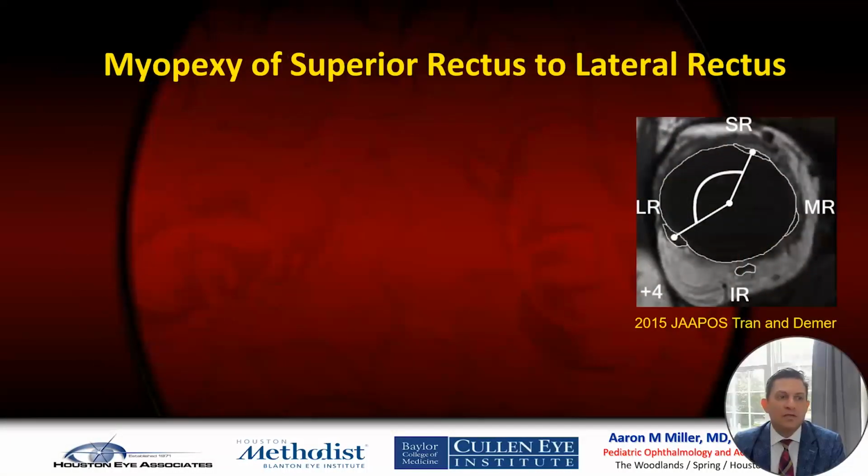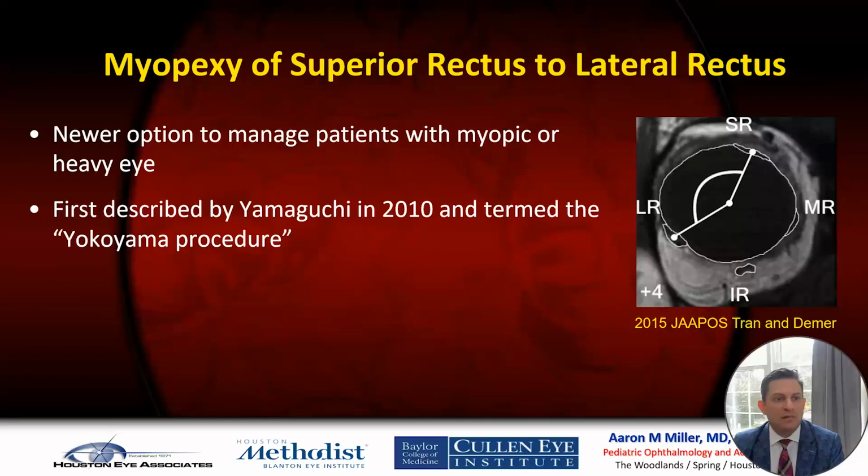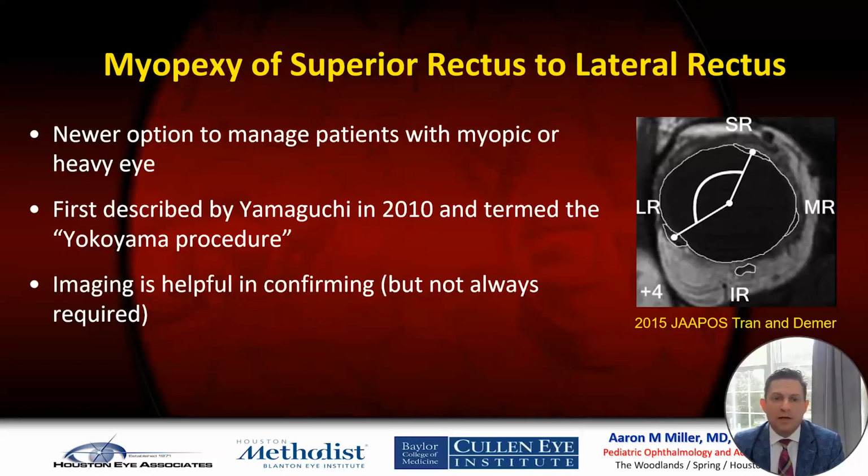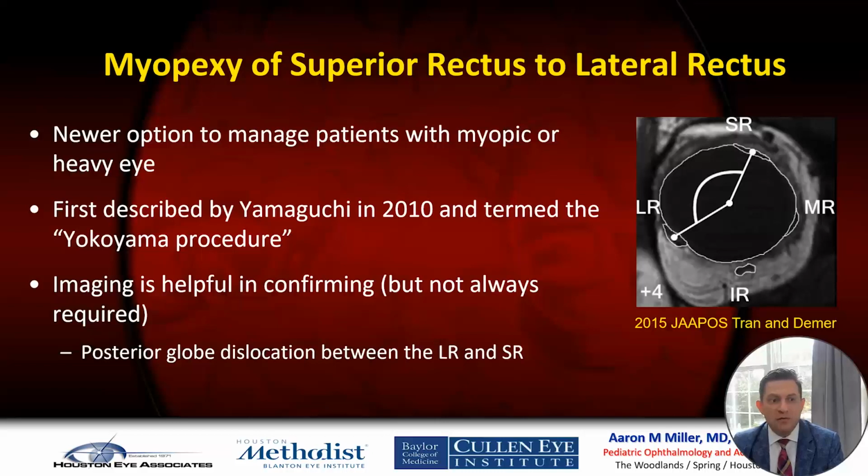So when looking at the superior myopexy to the lateral rectus, this is the newer option that people are talking about. It tends to be used to manage the moderate to high myopia patients with heavy eye. And again, it was first described by Yamaguchi in 2010 and termed the Yokoyama procedure. Imaging is helpful in confirming, but as I mentioned previously, it's not always required.